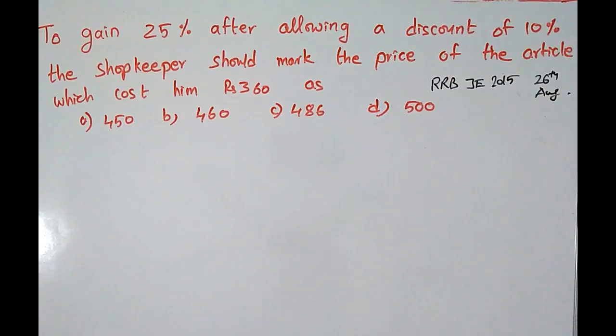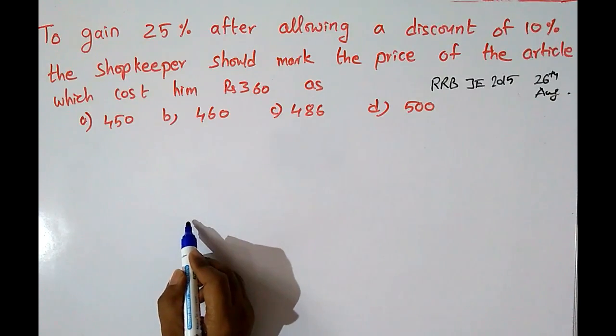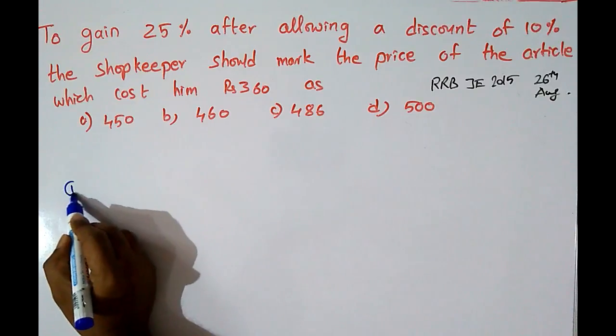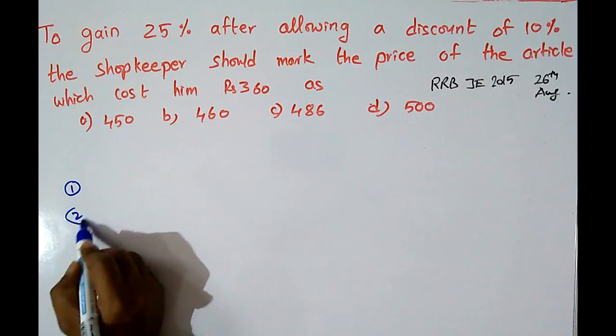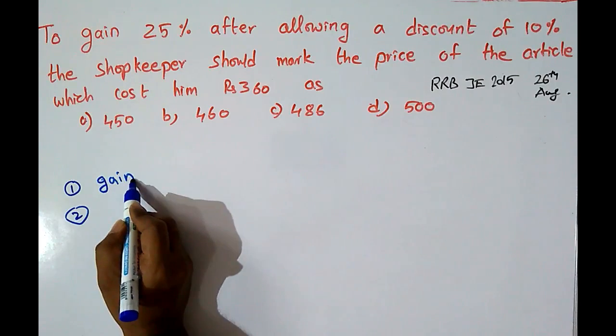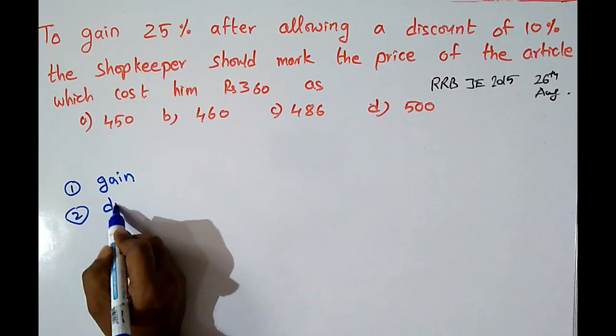To gain 25% after allowing a discount of 10%, the shopkeeper should mark the price of the article which cost him 360 rupees. Okay friends, see here, first you have to note that it is an integrated problem: the shopkeeper has to get the gain after allowing a discount.